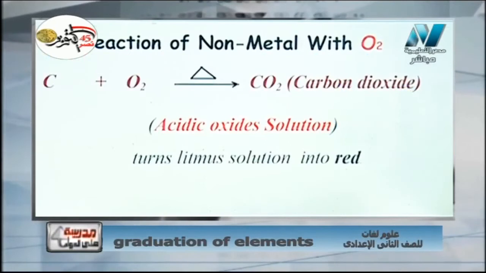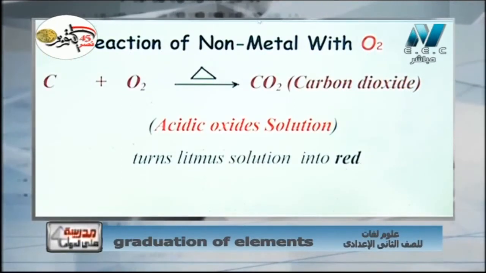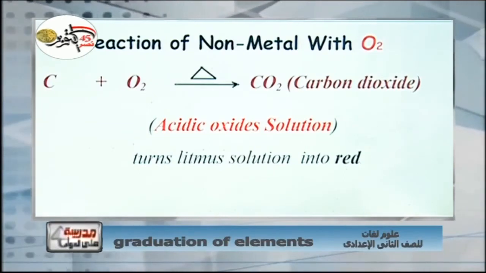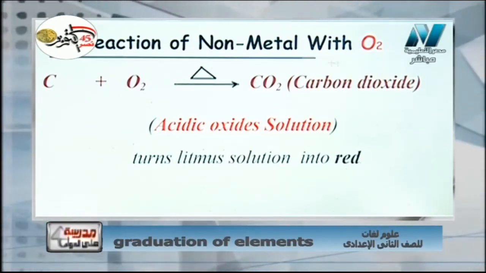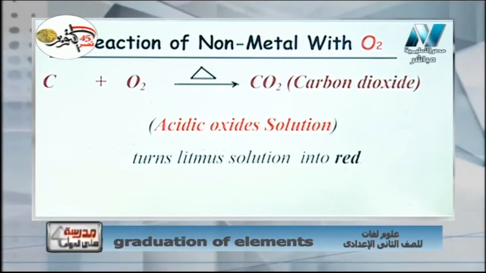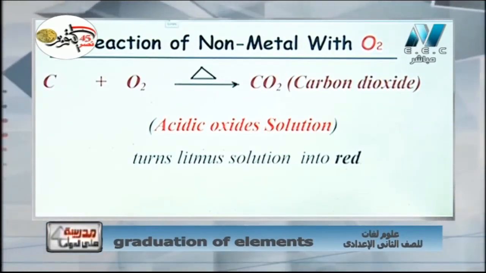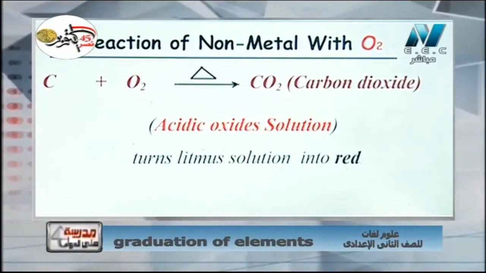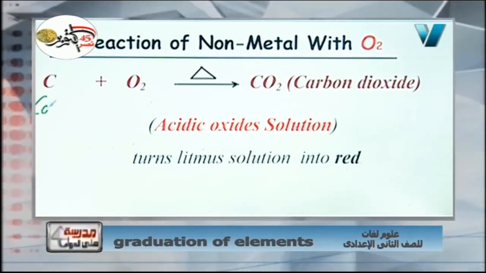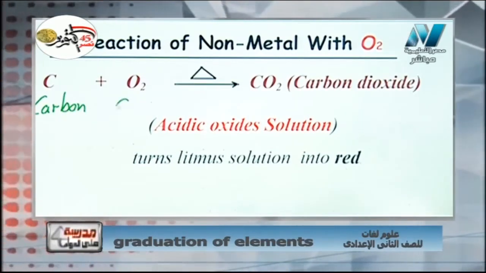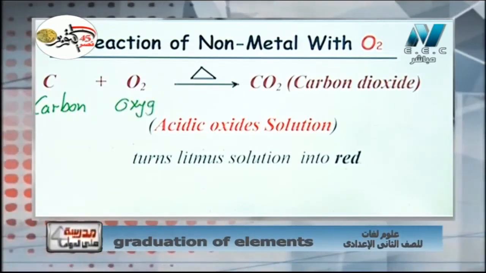Next one here we have the reaction of non-metals with oxygen. The first equation is what? The first equation is the reaction of non-metals with oxygen, as we have here carbon, اللي هو الفحم. Carbon with what? With oxygen, producing what?